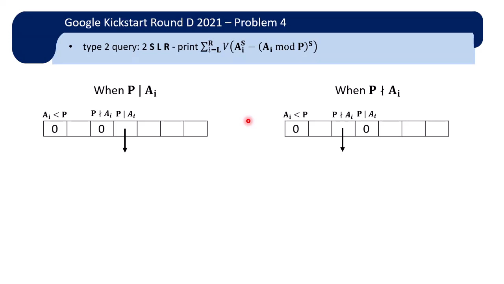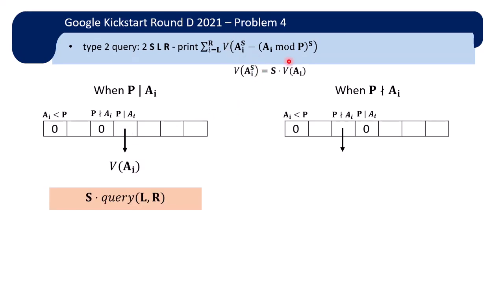Of course, if I have an update query, then I just update the values in the first and second segment trees respectively. But I cannot actually directly compute the answer that I want and store it in the segment trees, because S varies from one query to another. So this is what makes it complicated. Now let's look at this case first. How do I store the answer that I want in the segment tree?